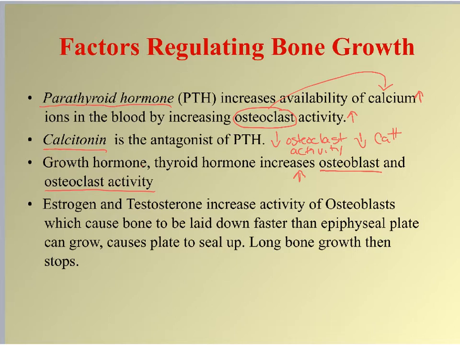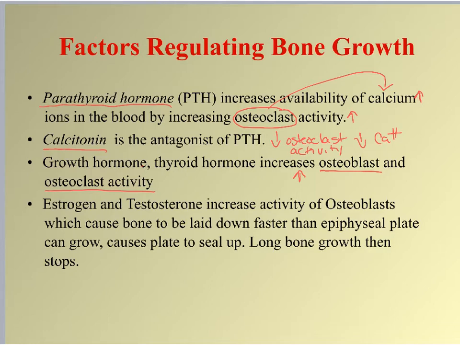Growth hormone and thyroid hormone do that. So remember, osteoclast activity is just as important as osteoblast activity when making bones. You lay down new bone, you break down old bone. Lay down new bone, break down old bone, and this is part of the process of growing the skeleton.